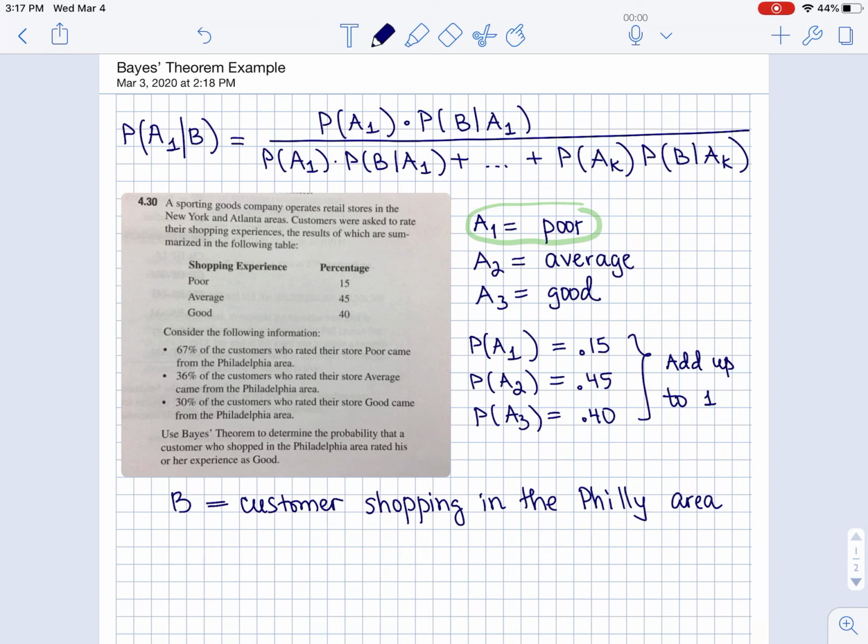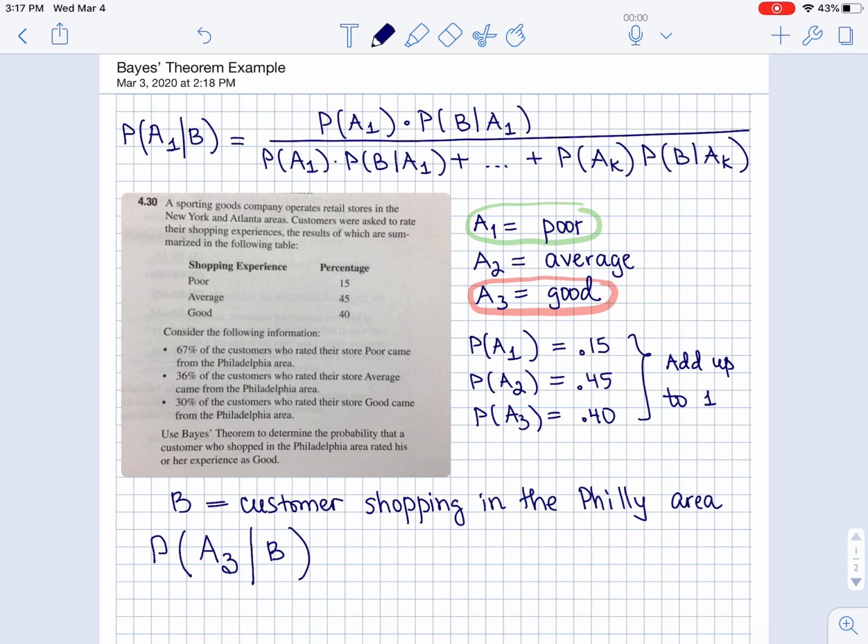So what we need to find is the following. It says, use Bayes' theorem to determine the probability that a customer who shopped in the Philadelphia area rated his or her experience as good. So good would be, let me switch this over, this is what we're interested in. This is finding a conditional probability: the probability that the customer had a good experience, A3 represents good, given that they come from Philadelphia.